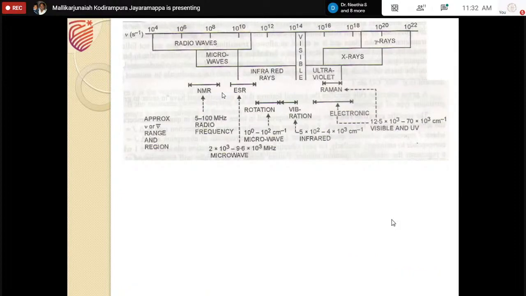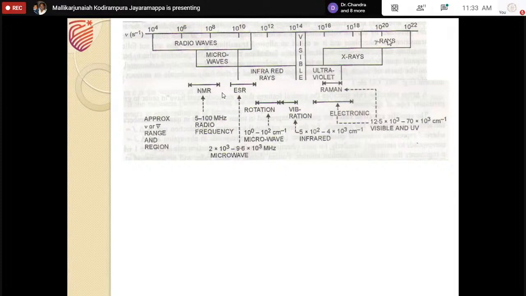Okay, let me start with what is known to us. We know electromagnetic radiation, which spans from 10 to the power of 4 hertz to 10 to the power of 22 hertz. And this entire electromagnetic spectrum, from a physicist's point of view, we have subdivided depending on the applications, from a material scientist's perspective, into radio waves, microwaves, infrared rays, and visible light, where visible light is the one which enables us to see things around us, and ultraviolet rays, and X-rays, and gamma rays.